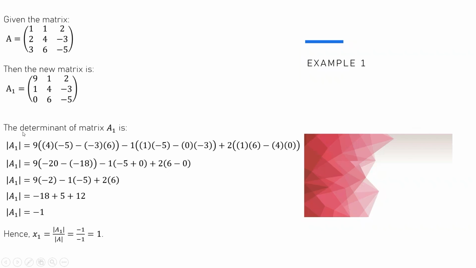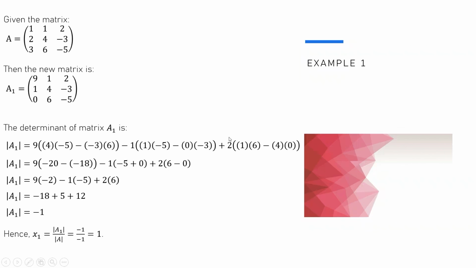Then we need to find the determinant of matrix A1. The determinant of matrix A1 can be found as shown. As seen here, we are looking at the first row of matrix A1. So we will have 9 times 4 times negative 5 minus negative 3 times 6, then negative 1 times 1 times negative 5 minus 0 times negative 3.